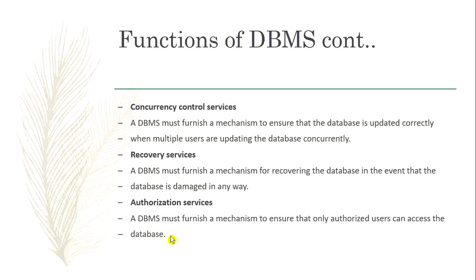For example, the salary information of the employees should be accessible only by the accounts department, not all the employees of that particular organization should see that information. So the DBMS must provide authorization services that define which users are allowed to access your database and what kind of data they can access.